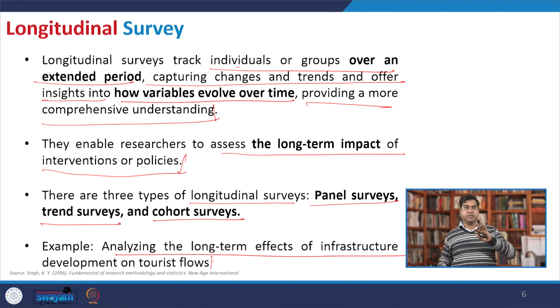I change the similar context, but here say I want to understand people's satisfaction, but at a particular time there was some lack of infrastructure, then I improve some infrastructure, the city authority develops certain things, and after that is there any change in the perception? Is there any improvement in satisfaction? So if you do this particular survey over a time frame, you can get this, right.